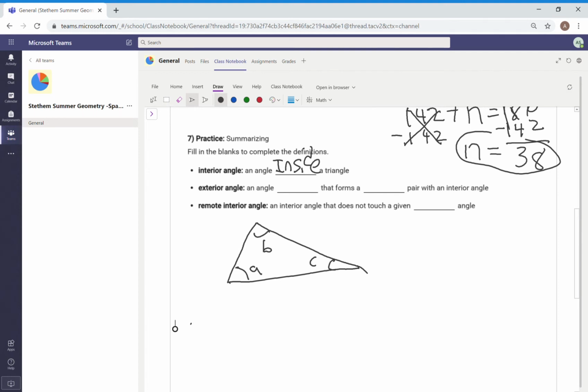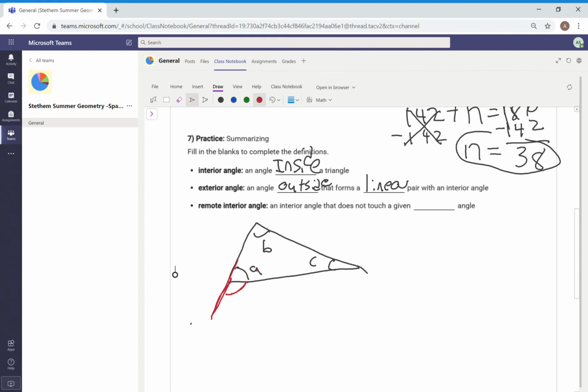An exterior angle is kind of the opposite. It's an angle outside that forms a linear pair with an interior angle. So what does that mean? If I were to extend out this side, well then that means if I drew an arch here, this side would be making a line with my A in here.